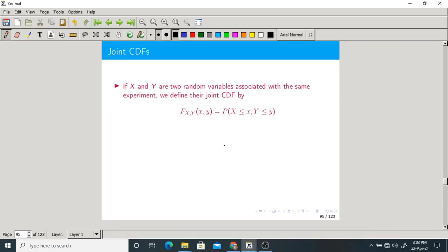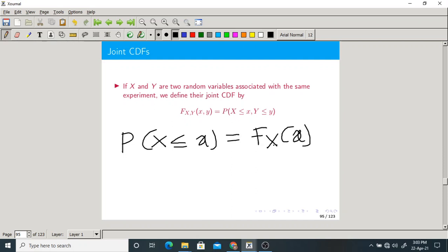Now we are done with joint PDFs. Let us move on to the joint CDFs. I told you what the CDF, the cumulative distribution function, is. How is it defined? Suppose x is a random variable; the probability that X is less than or equal to x is FX of x.